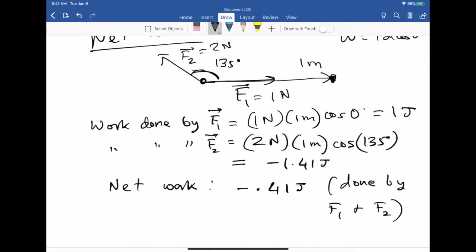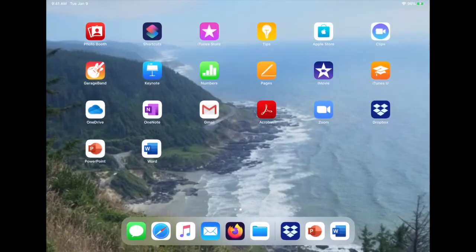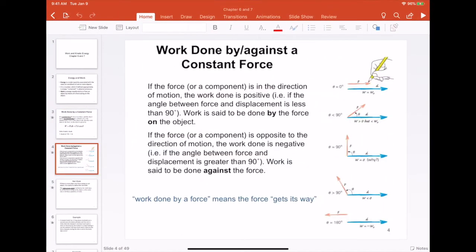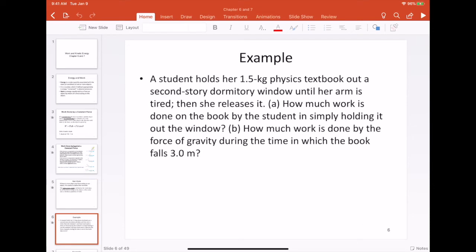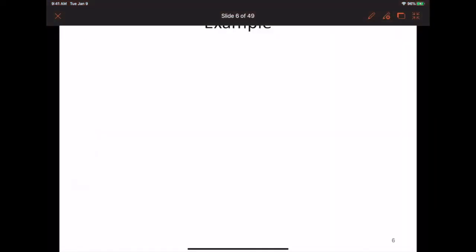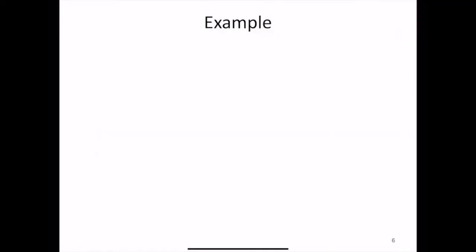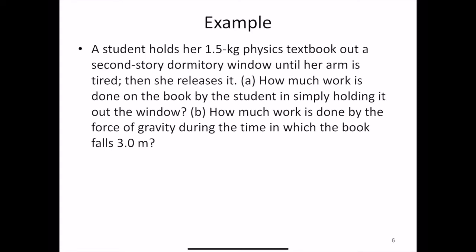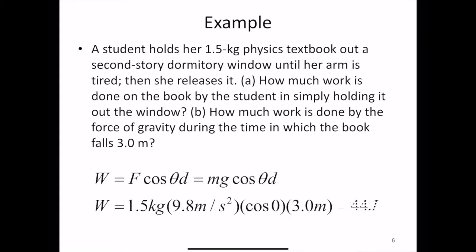Okay, so let's look at a few more examples. In my PowerPoint, you'll find that certain problems are fully worked out on the slide. For example, this problem: if you go to the presentation mode and then click through it, you should see the solution show up step by step.